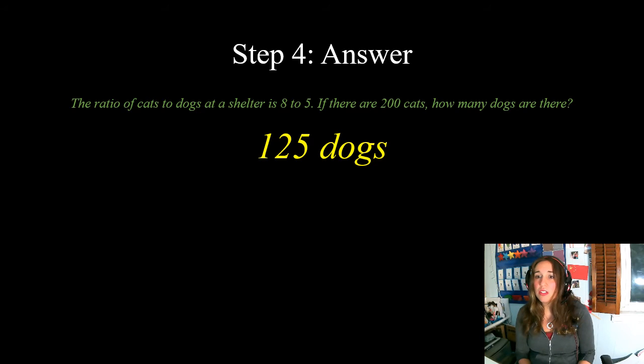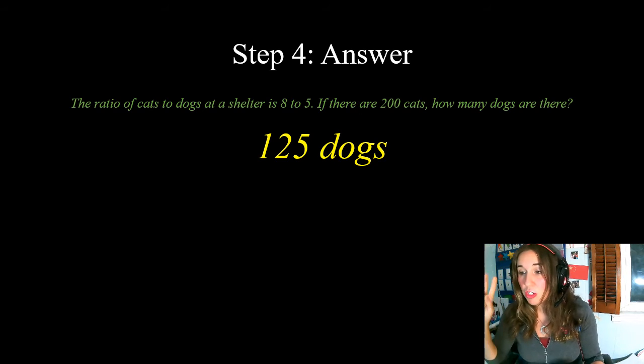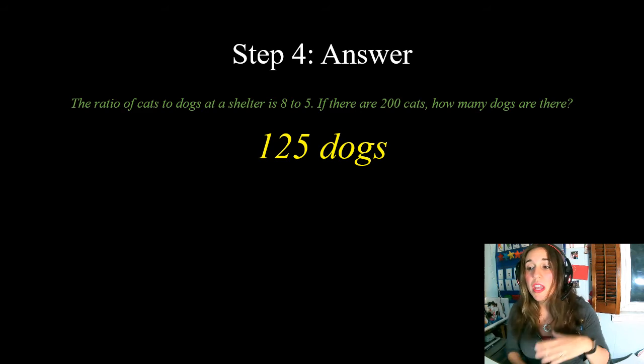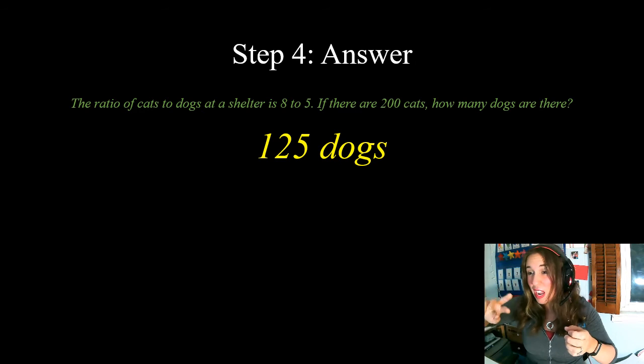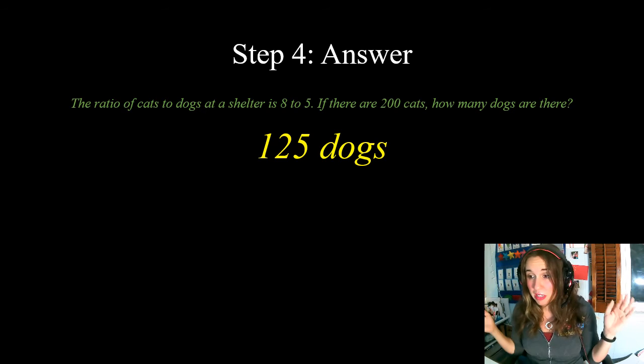If the ratio of cats to dogs is 8 to 5, right? Well, that means there will be a little bit more than half as many dogs as cats. So if I have 200 cats, 125 is pretty reasonable. That's a little bit more than half. So yeah, that answer makes sense. And going back to that second step where we translated and wrote things in English first, if I didn't write my ratio in English first and I had swapped one of those ratios, we would have gotten an answer that would have been completely unreasonable.